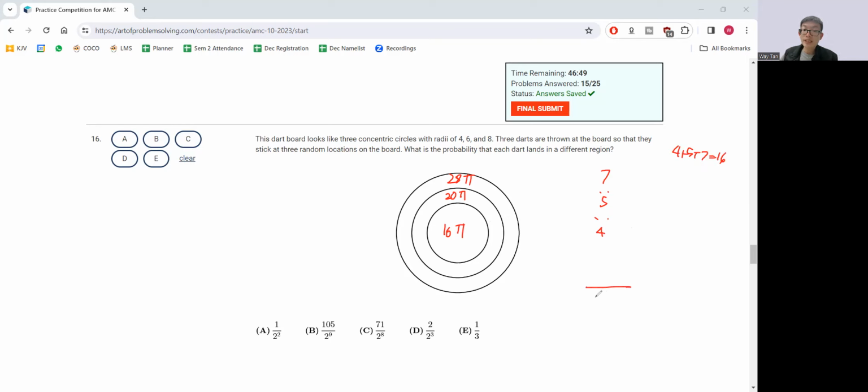So it's 16 cubed, and my choices for landing in different regions are 4 times 5 times 7 times 3 factorial, because there are 3 different orderings. That surely has to be option B without doing much calculation, because that's the only one that has a 5 and 7 left over. So I'm going to just trust that is correct and move on.